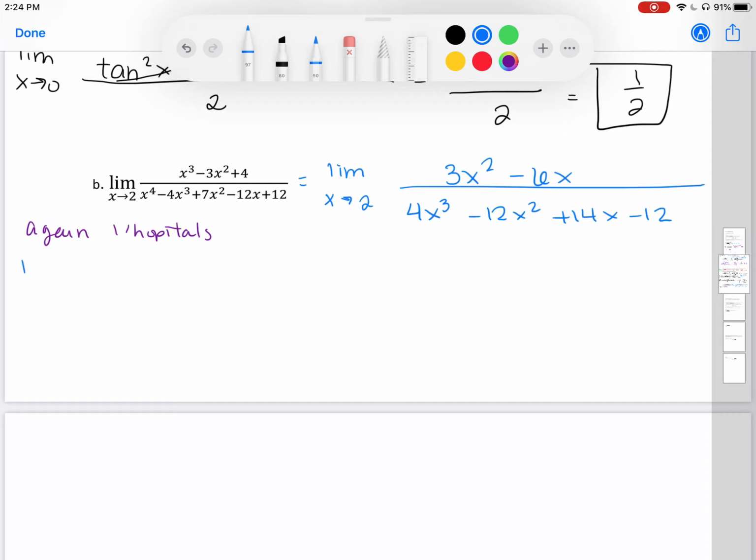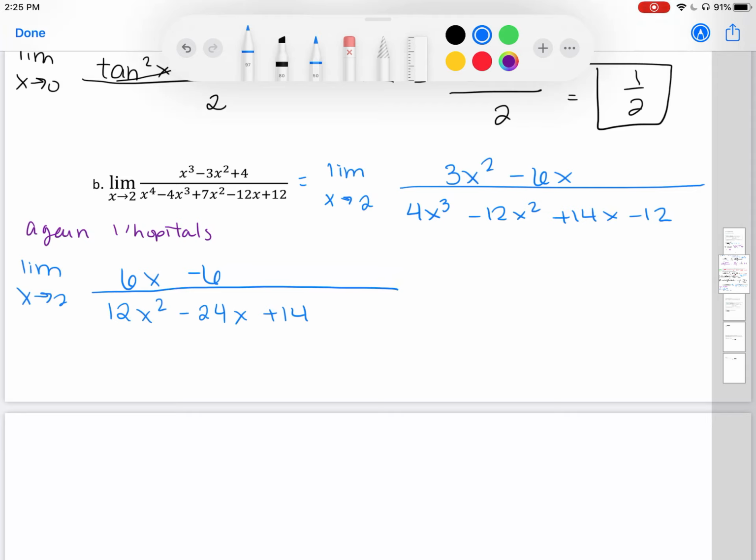So that we have the limit as x is approaching 2. The derivative of our numerator is 6x minus 6. In our denominator, we're left with 12x squared minus 24x plus 14.